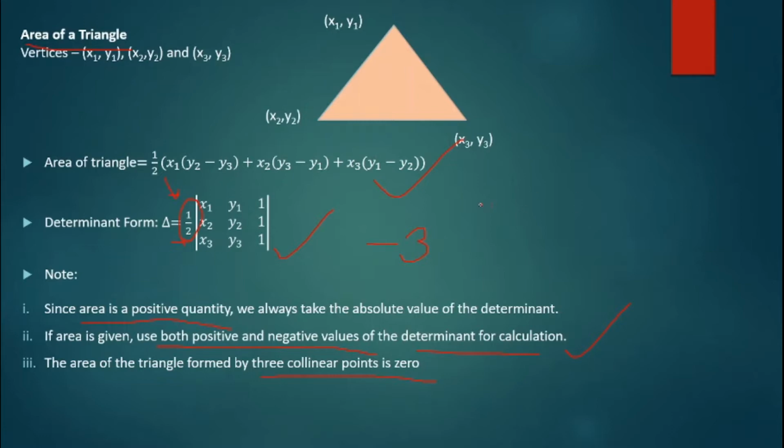If this is your line, here we have 3 points lying on it; you say these are collinear points. According to the definition of a triangle, when you join 3 non-collinear points, you get a triangle. So if 3 points are collinear, it's not a triangle. Got it? It is a line.